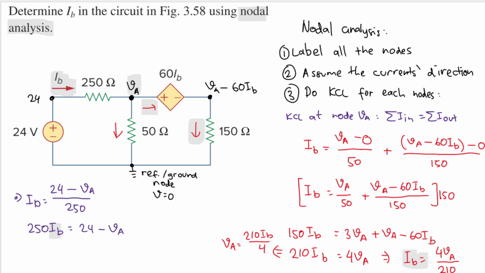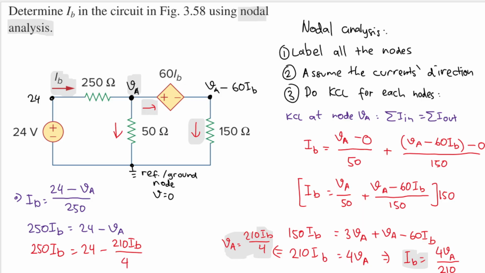So instead of substituting IB, we substituted for VA. I will have 250 IB equal to 24 minus this one. We need to substitute VA into this value, which is 210 IB divided by 4. I ran out of space.